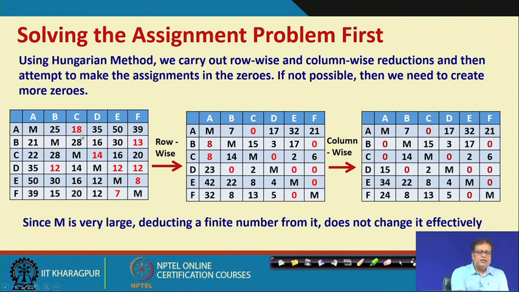So, 18 is the minimum, so we deduct 18, so we get a certain number of zeros. And then we see the column wise minimum. So, when we take those column wise minimums, 8 is the minimum here, 0, 0, 0, 0. So, this 8 becomes 0 and then we get so many zeros, right.